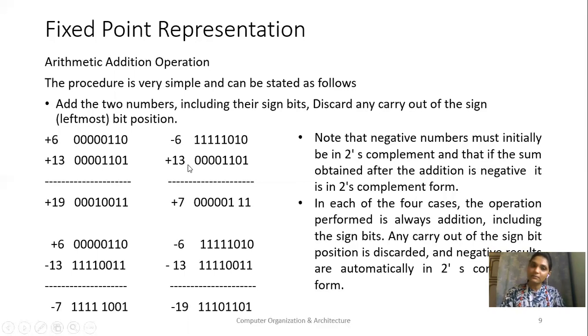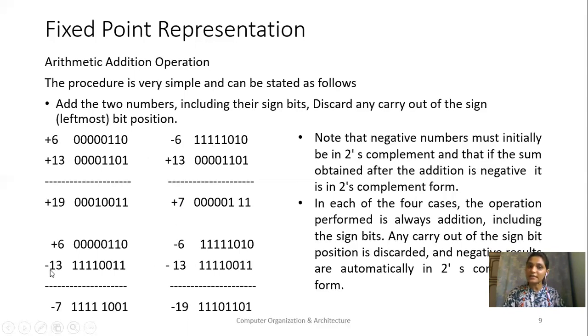Plus 13 stays as it is, because a positive number is represented as it is. For a negative number you have to find its 2's complement, and then you can do the summation, and you will get the answer 7.